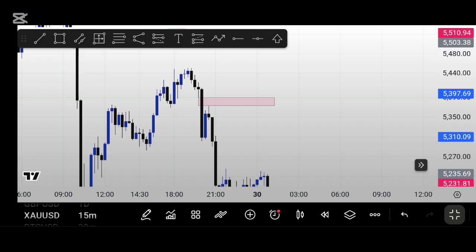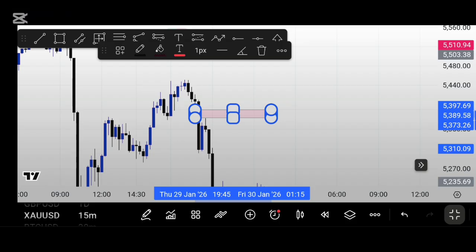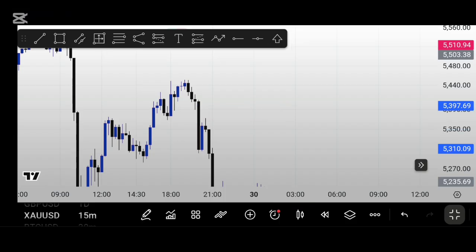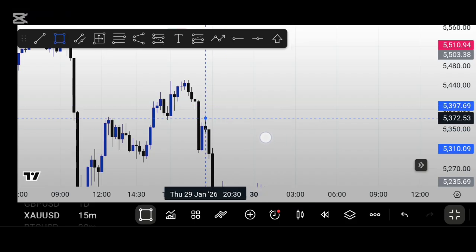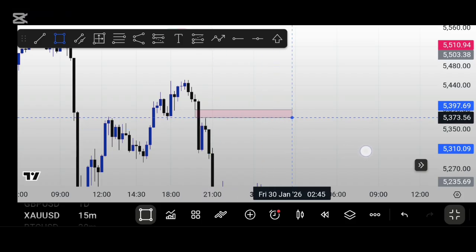The market left a gap in the middle, then came back here to fill in the impulsive move, and created a fair value gap here. Let me clean it so you guys can see better. You see that gap it created in the middle is considered a fair value gap, this gap now.